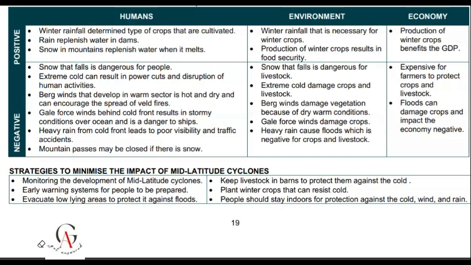For example, the question is saying, give the effects of mid-latitude cyclones on maybe the environment. Give an impact: they will cause extreme cold conditions. That's a factor, and qualify the factor. What are the extreme cold conditions going to pose on the environment? You are now qualifying the factor.